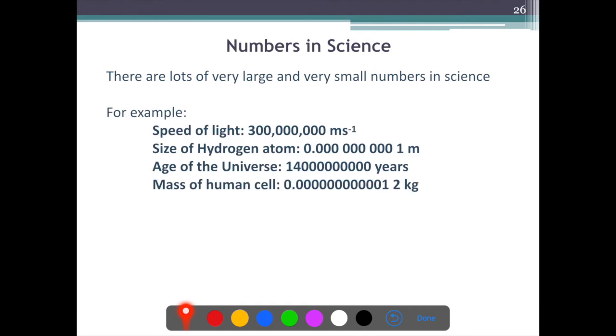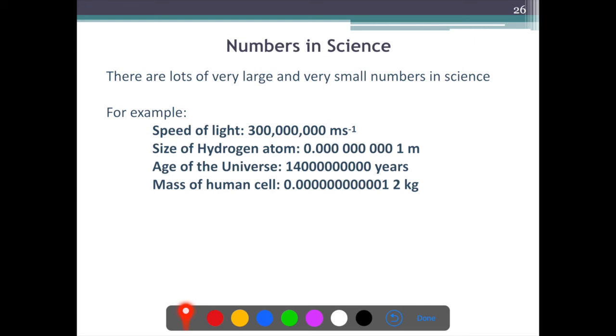For example, the speed of light is 300 million meters per second. The size of a hydrogen atom is this small, 0 point all of the zeros, 1 meter. The mass of the human cell has all of these zeros. Also, the age of the universe has many zeros.